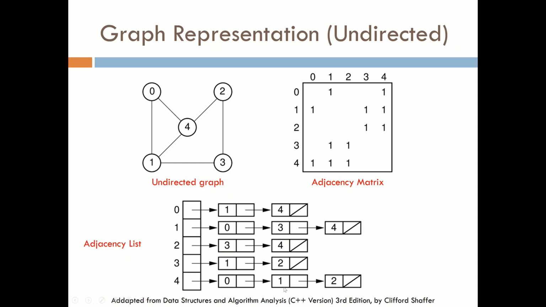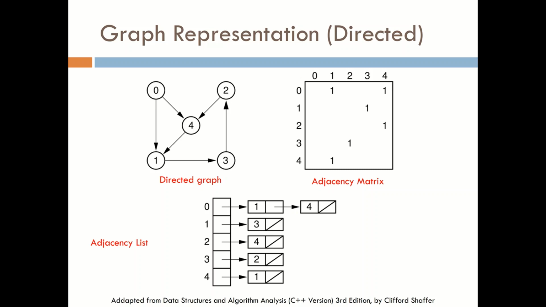Here's 4, 0, 1, and 2. And since these are undirected edges, they really could be traversed in both directions, and they can be looked at from both perspectives, both vertices being endpoints.